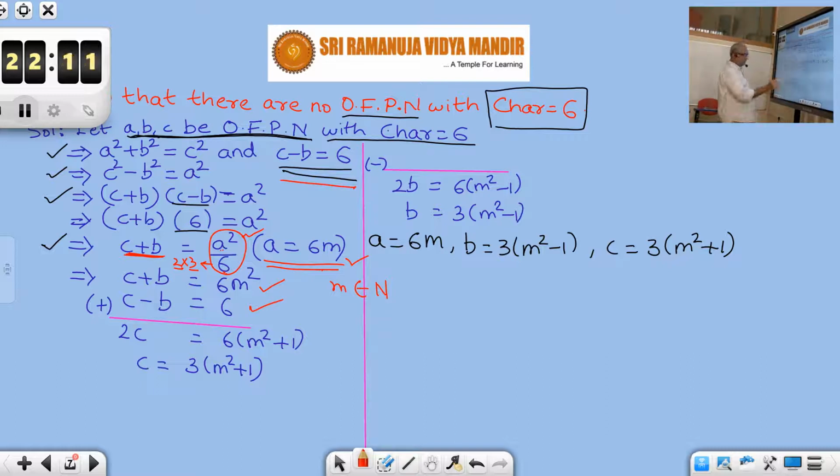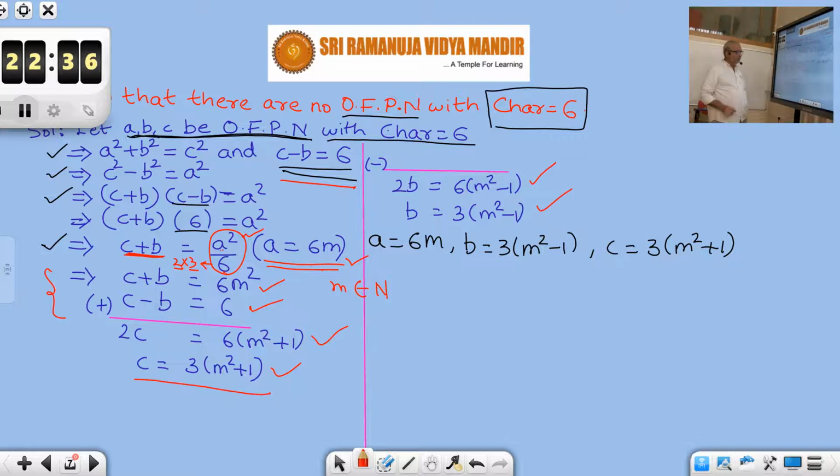Now adding them, 2c is equal to 6 into m square plus 1. So c is equal to 3 into m square plus 1. Now if I subtract one from the other, 2b is equal to 6m square minus 6, which is 6 into m square minus 1. So b is equal to 3 into m square minus 1.